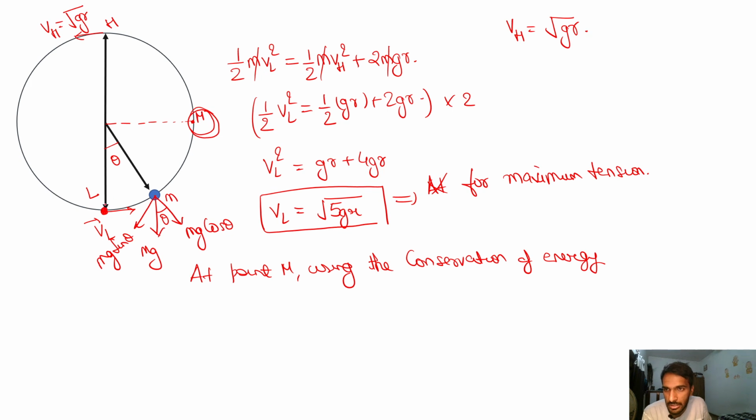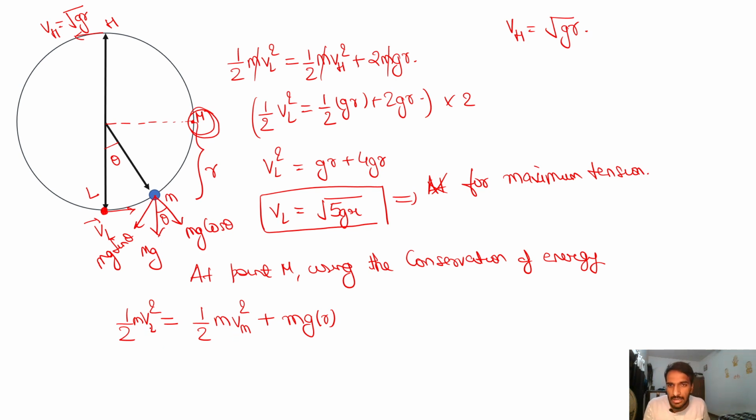So here we have kinetic energy, half mvL square is equal to, here I have kinetic and potential, so half mvM square plus mg into r, because the perpendicular distance from this to this point is r, so I consider mgr.